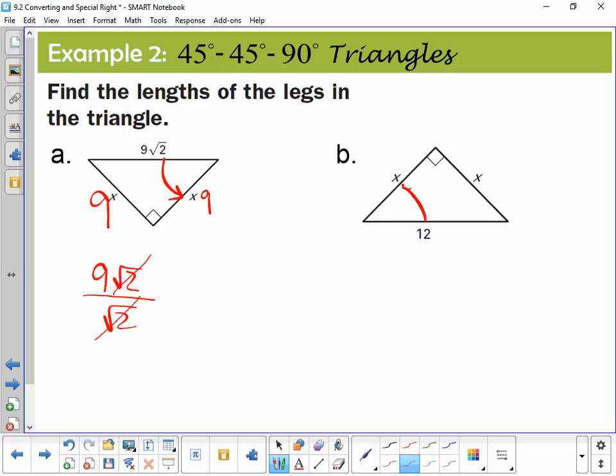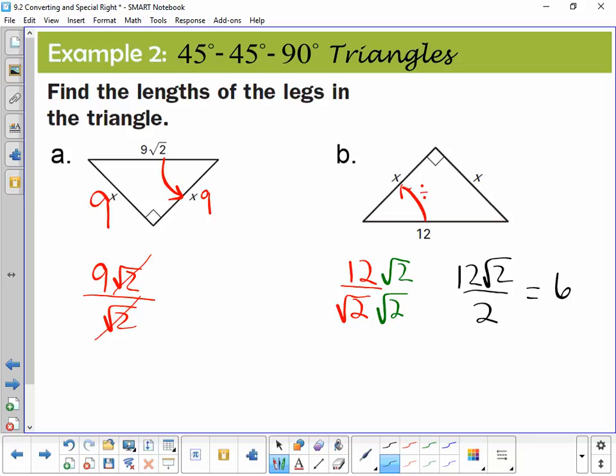In this triangle, again, we know the length of the hypotenuse, so to find the length of the leg, we have to divide by root 2. If we rationalize that, we end up with 12 root 2 over 2, and that reduces to 6 root 2. So the length of our two legs is 6 root 2.